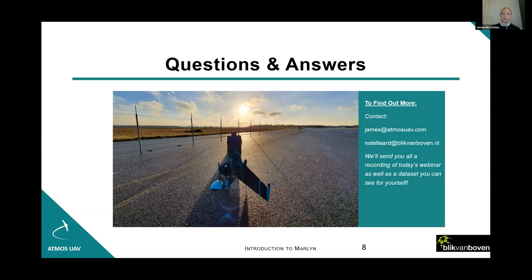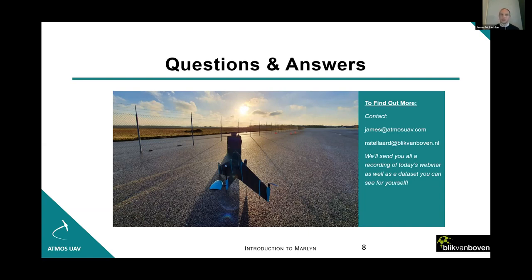There's a lot of questions about potential new sensors. So I think in general, what I can answer to those is that Marlyn's payload bay is modular. So we have a maximum payload weight of 1 kilogram. So anything within that, it is technically possible to fit into the drone.